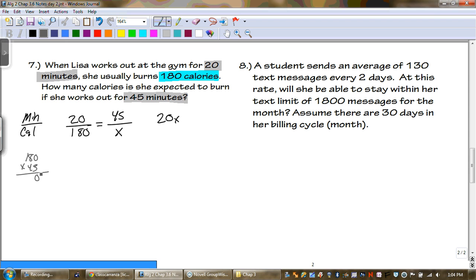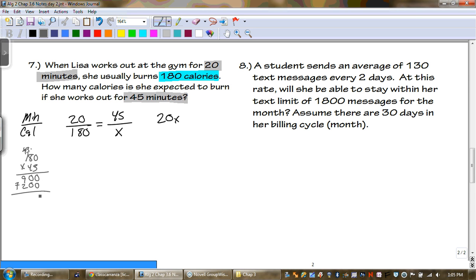5 times 0 is 0, 5 times 8 is 40, and 5 times 1 plus 4 is 9. Okay, gotta put a 0 down for place value. 4 times 0 is 0, 4 times 8 is 32, and 4 times 1 plus 3 is 7.